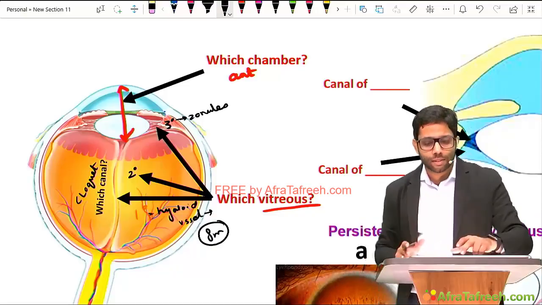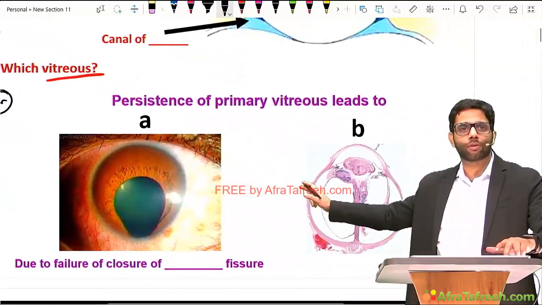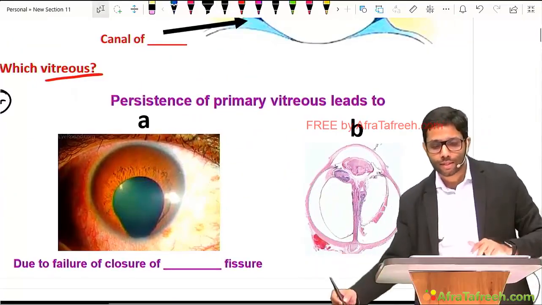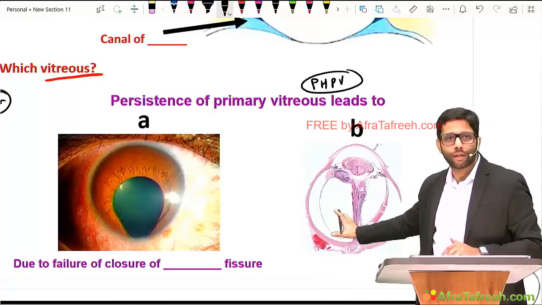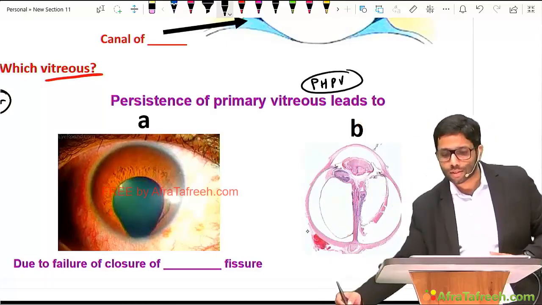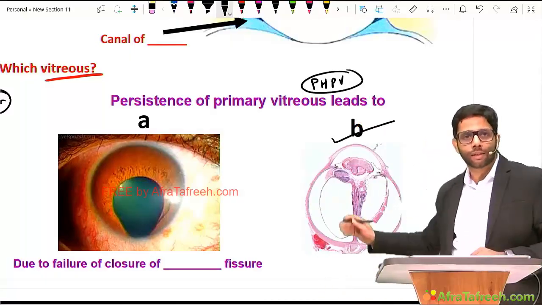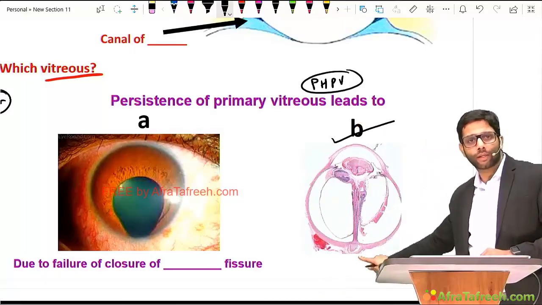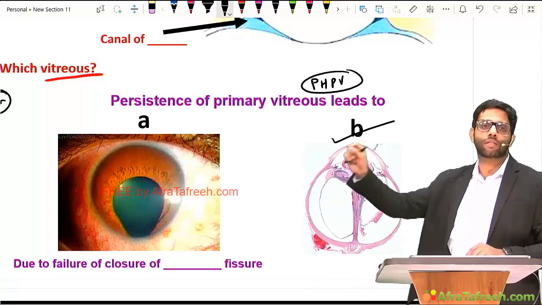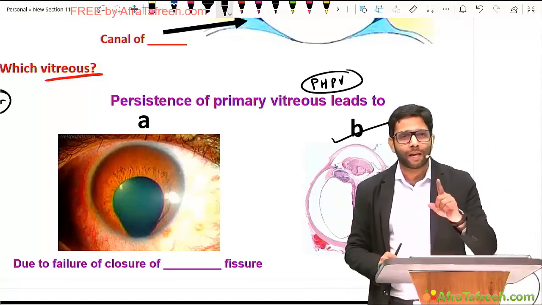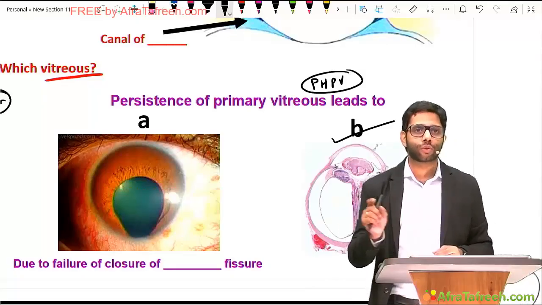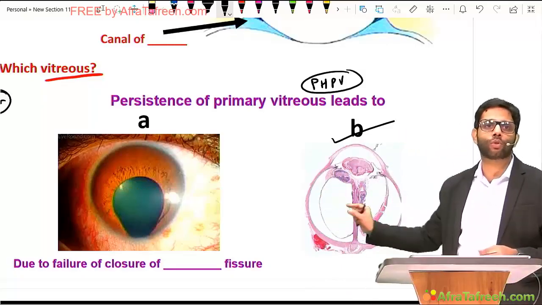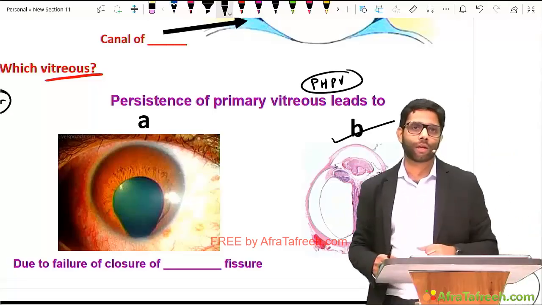If it persists after the embryonic life, that is known as persistent hyperplastic primary vitreous, which you have to identify, A or B. The answer is B. That is a hyaloid vessel joining the optic disc to the lens. That is persistent hyperplastic primary vitreous, and primary vitreous or hyaloid vessel is formed by mesoderm. So it is a remnant of mesoderm, because mesoderm forms the blood vessels.